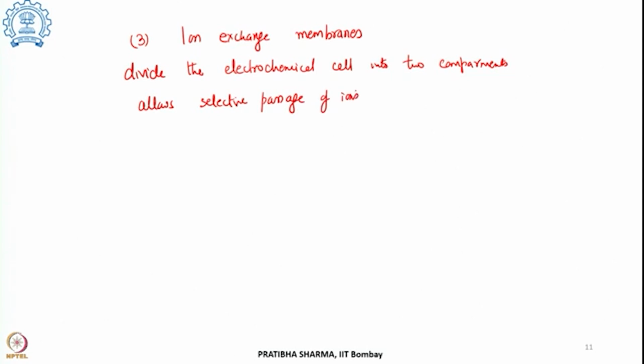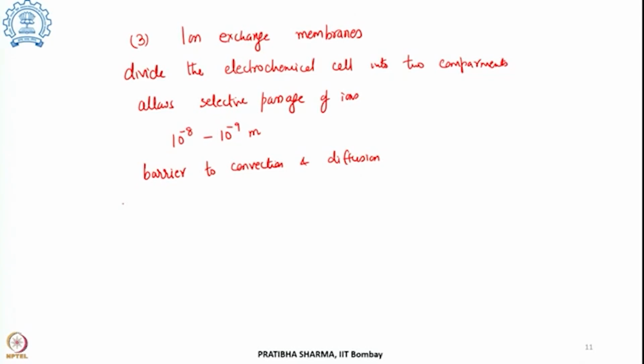They have a small pore size, 10 to the power minus 8 to 10 to the power minus 9 meters, and they also act as a barrier to convection and diffusion. But there are several requirements when it comes to membranes being used in an electrolyzer.